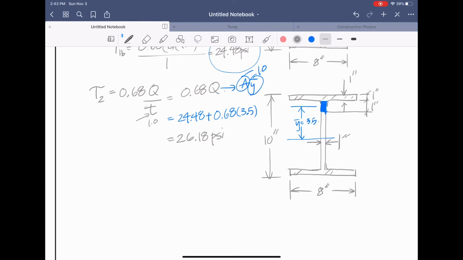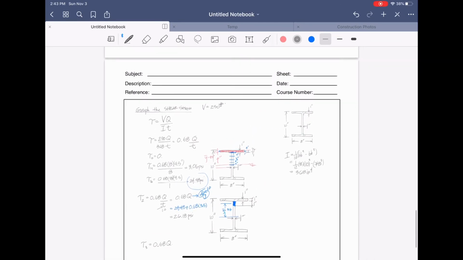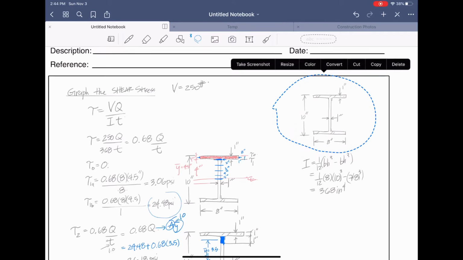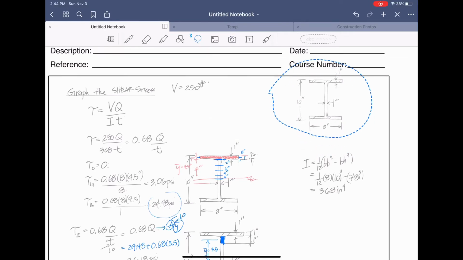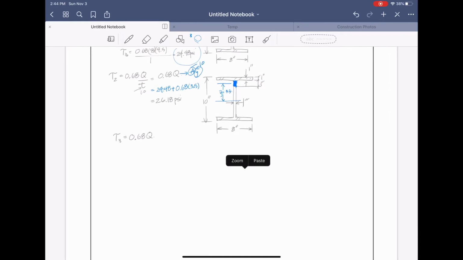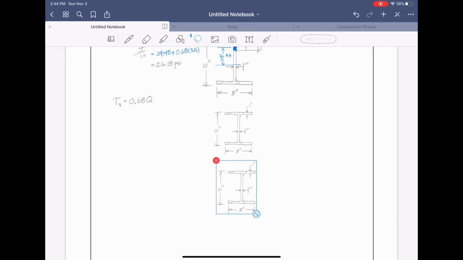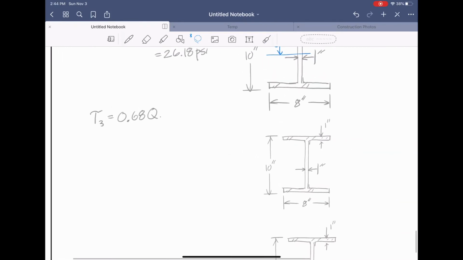All right, so tau at 3 is equal to 0.68 Q, really. And what we're going to do is copy this again, because we're at 3, 4, and let's do 5 over here. I know it's not the best, but okay.